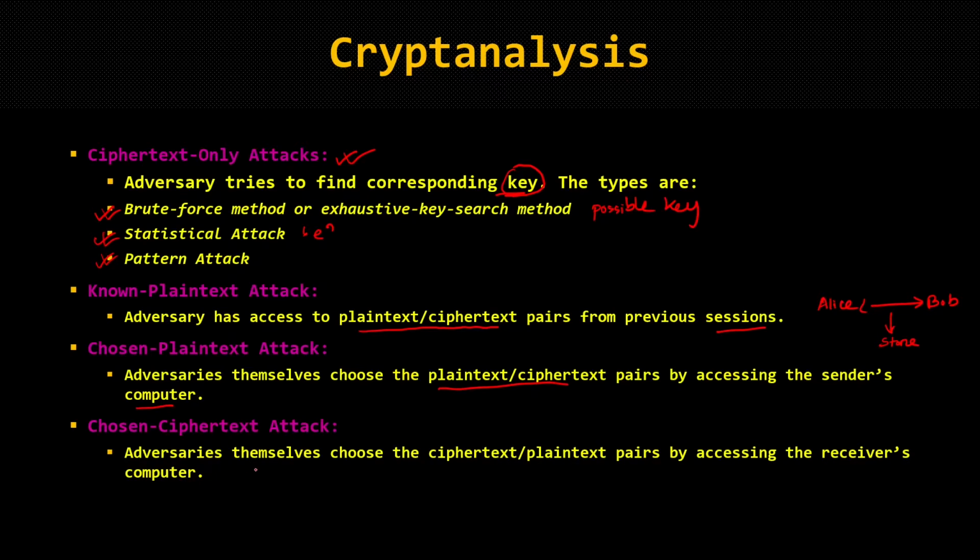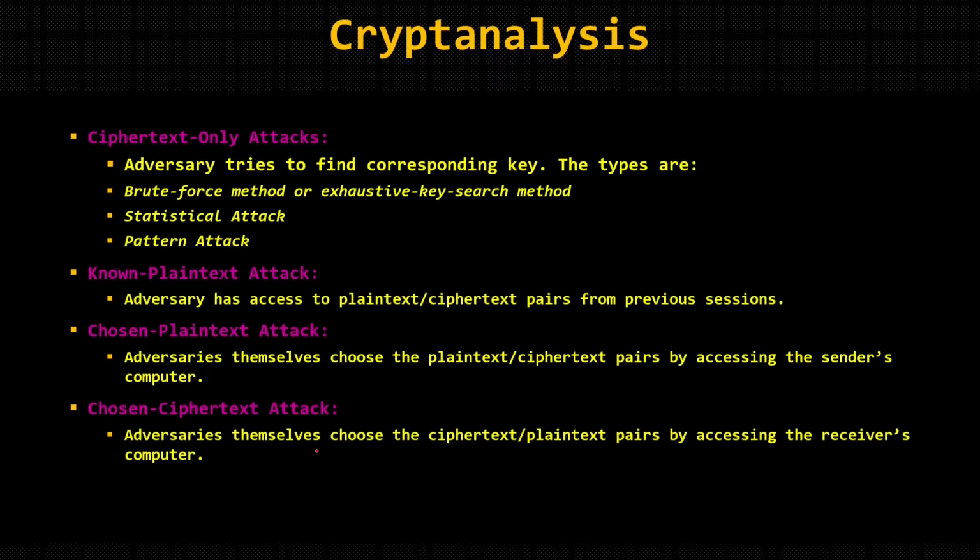Now, if the adversaries have access to the receiver's computer, they can choose the ciphertext and plaintext pairs, which is known as the chosen ciphertext attack. So these are the four kinds of attacks that adversaries can launch for cryptanalysis of the ciphertext.